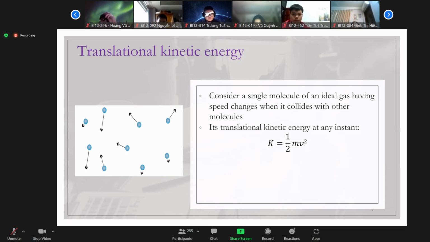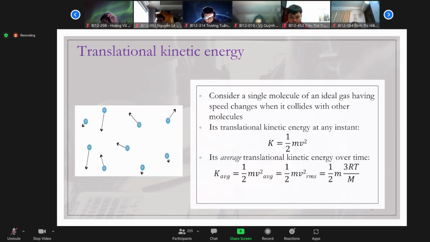And if we want to find the average translational kinetic energy over time of this single molecule, because the kinetic energy will change over time, what we consider is the average translational kinetic energy. Then we will have this one.